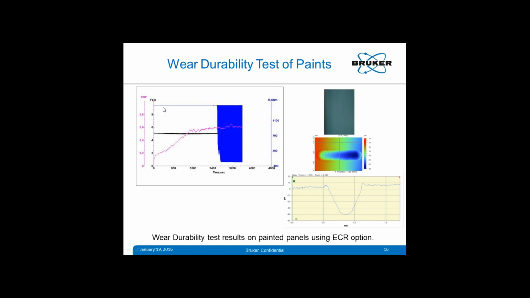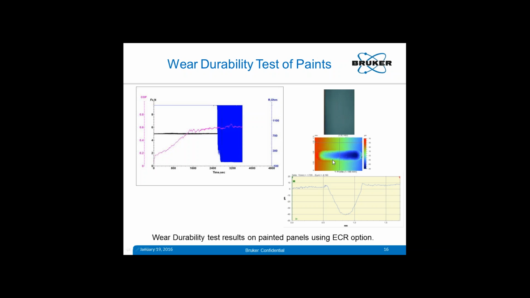We applied a load of about 5 Newton, and COF started going up, and at this point the complete coating is gone, totally worn out. This is indicated by the ECR signal dropping, meaning that the ball is in contact with the substrate, which is conducting. That means the coating failed at about 2,600 seconds of test, which is the durability of this coating.